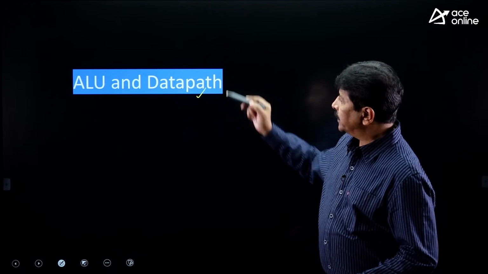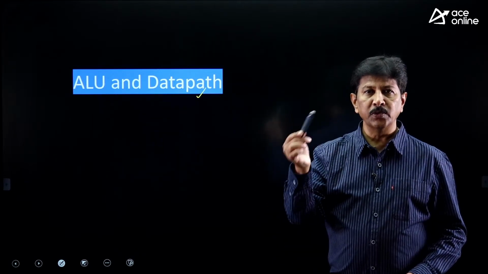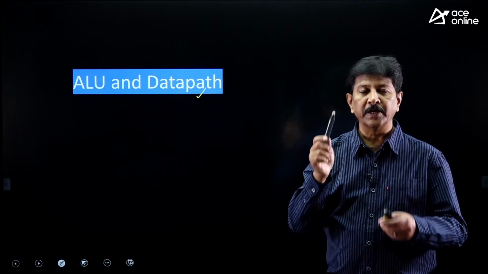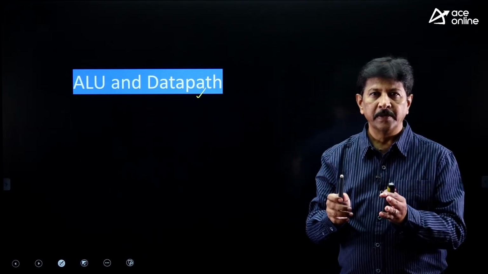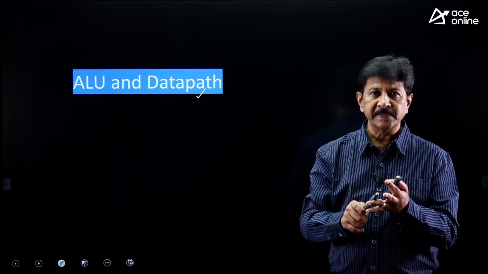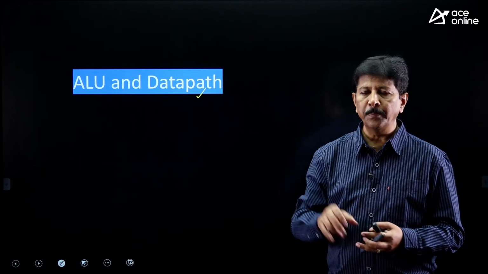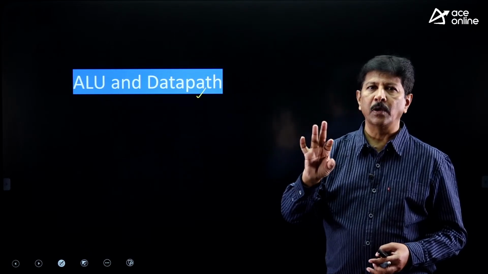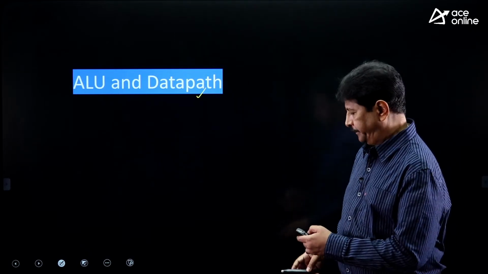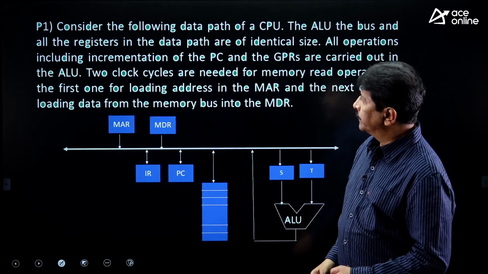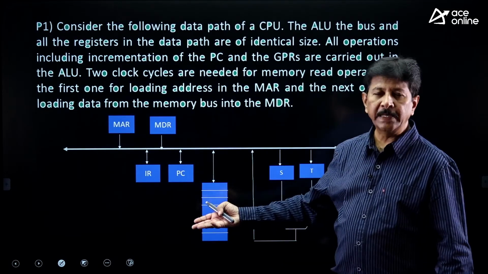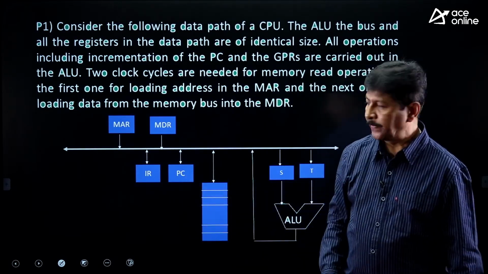What's the meaning of data path? It is functional units and their interconnections, where a functional unit is going to consist of ALU, buses and registers. So the combination of ALU, registers and buses will be called the data path. So many times the questions will come like this.